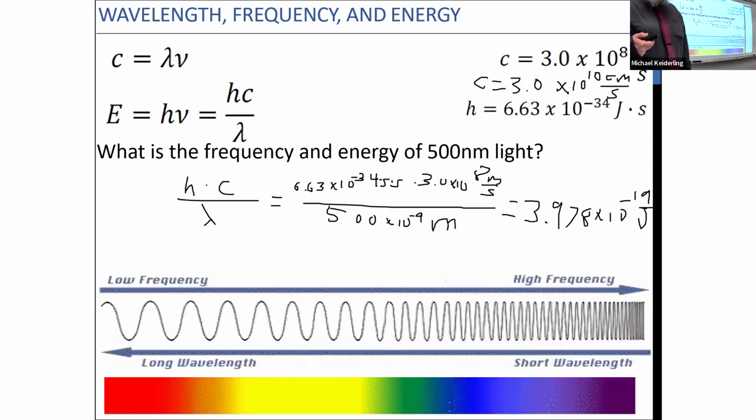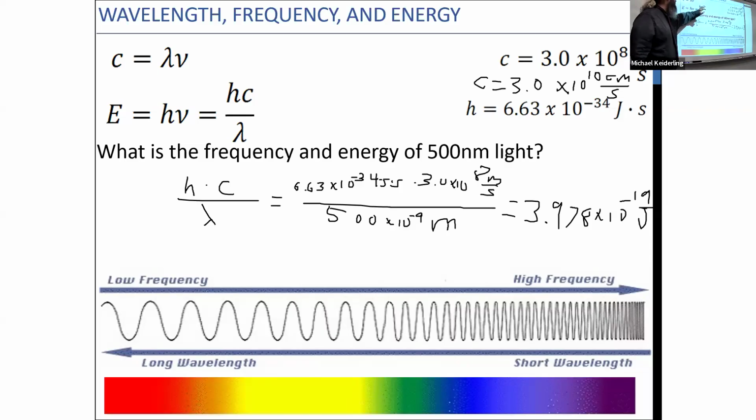So, wavelength, frequency, and energy. Speed of light is wavelength times frequency. That's an important relationship that will show up. So these equations are important. And energy is Planck's constant times the frequency, or Planck's constant times the speed of light over the wavelength. If you have the frequency, to find the energy, it's Planck's constant times the frequency.